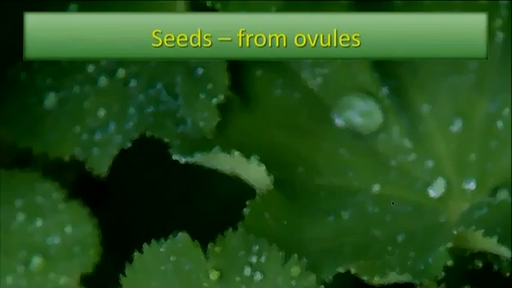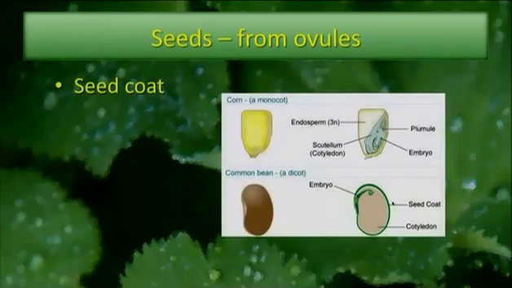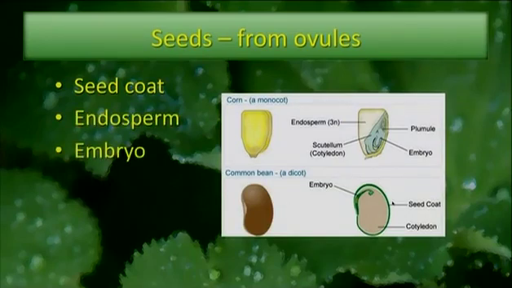Now, seeds, of course, develop from ovules. So remember, the fertilized egg becomes the embryo, the ovules become the seeds, and the ovary becomes a fruit. And seeds are made up of a seed coat, endosperm, and the embryo.